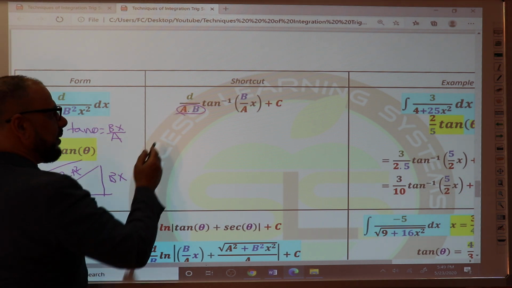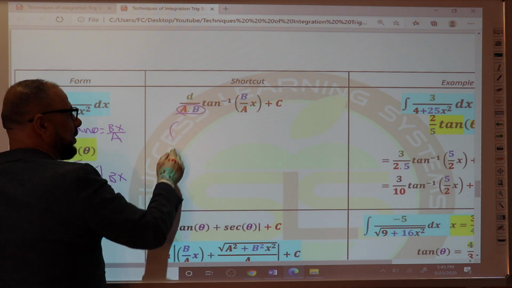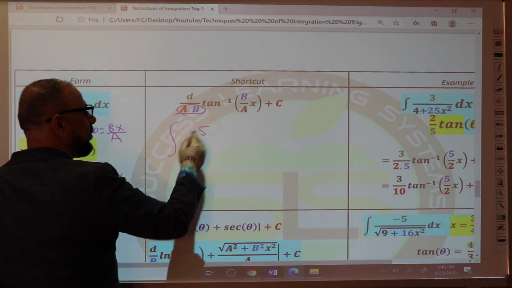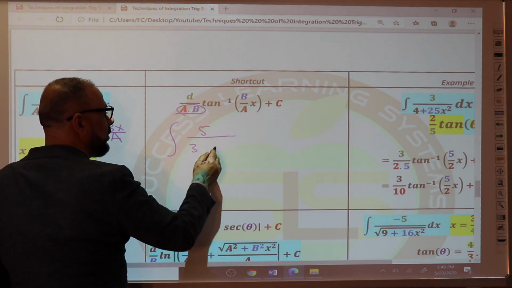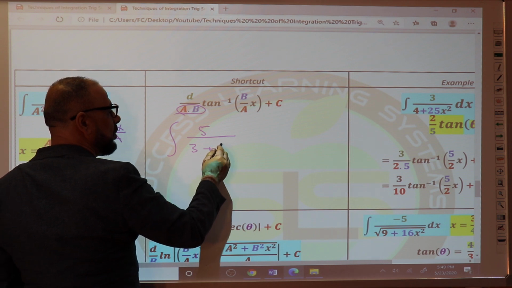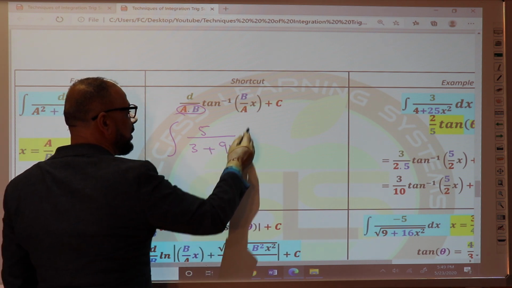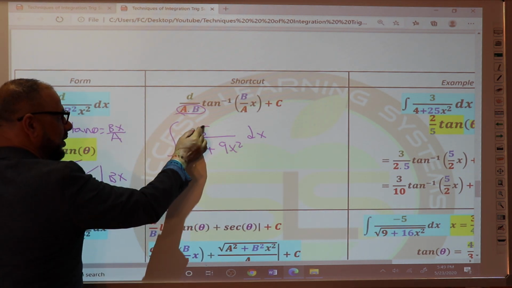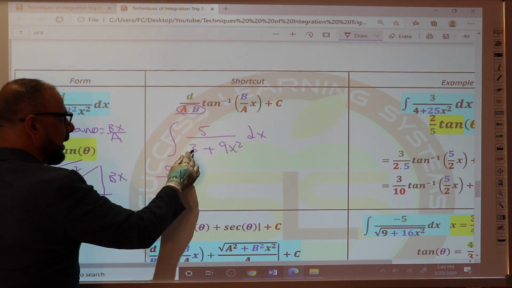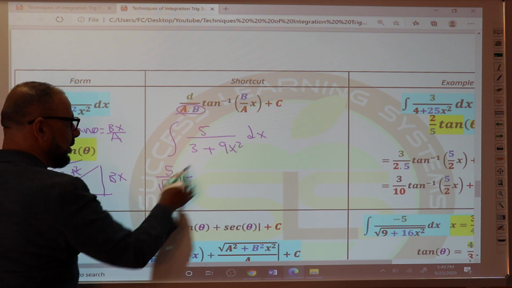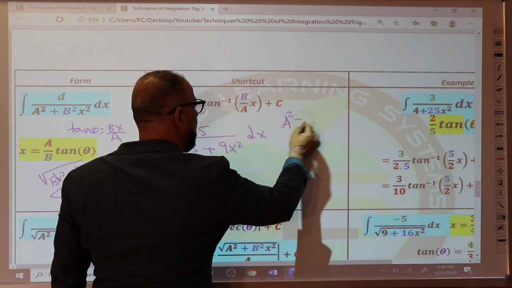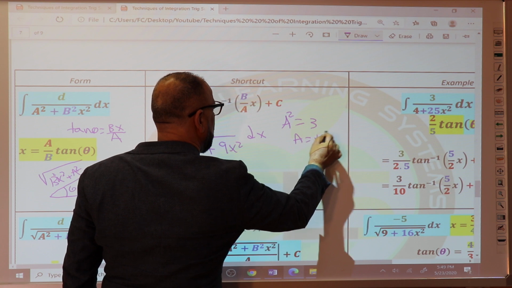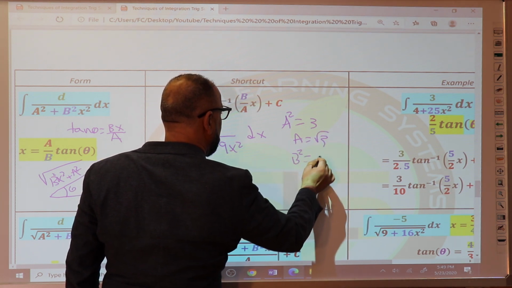Okay, example. I have example and I have another one. 5 over 3 over 9x squared dx. You leave the 5, which is the d. A squared 3, because a squared equals 3. Then a equals square root 3. B squared equals 9.